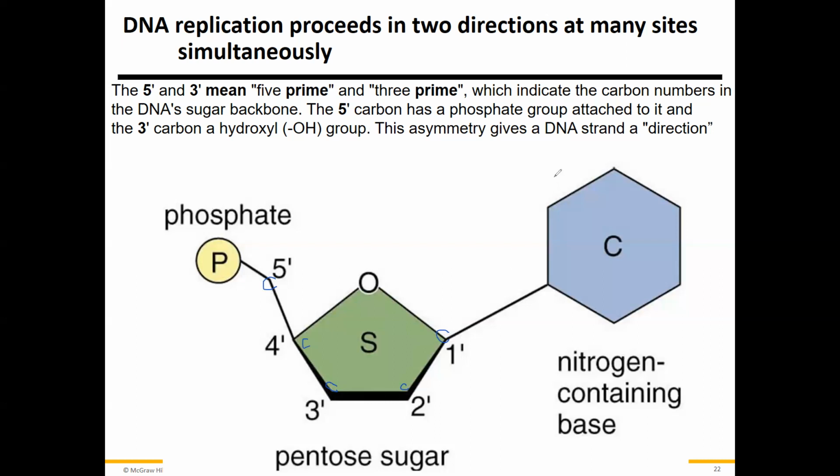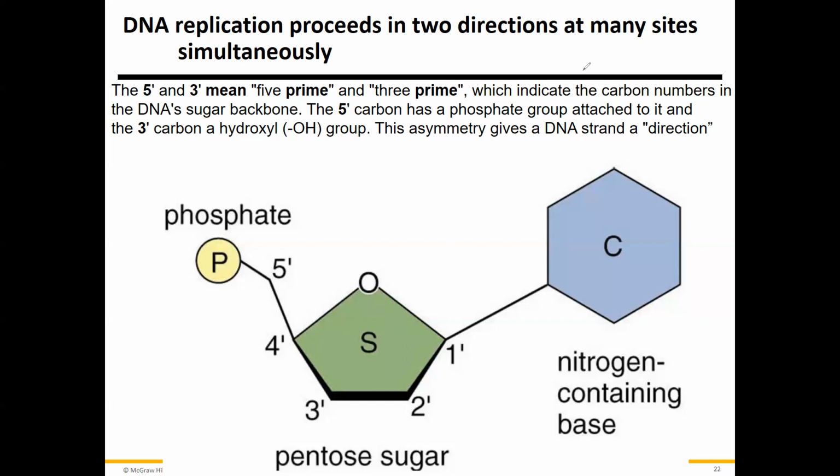So you always start that when you're learning organic chemistry. Your functional group, the most important, it could have multiple functional groups, like this one has phosphate and the nitrogen containing base. Well, the most important one is going to be bonded to a carbon.